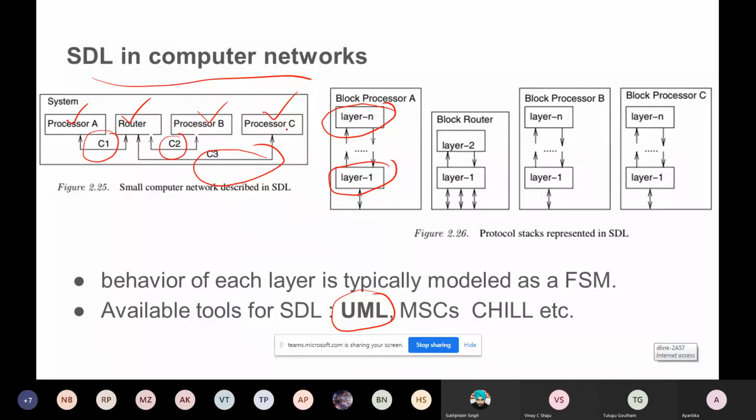Now, when you are modeling using HDL, you have to know how we will start. We are starting with different processors. These are the different processor blocks, and we are defining the processes we are considering in these processor blocks in different layers.